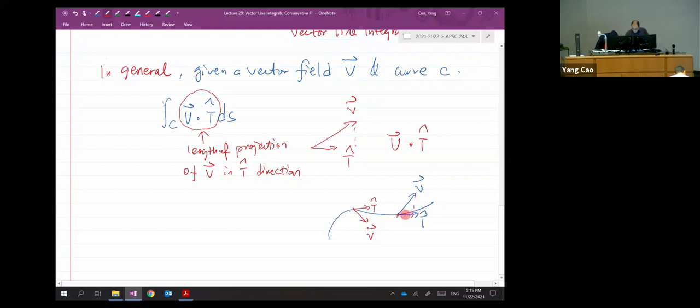Now, let's make it a little bit more concrete.